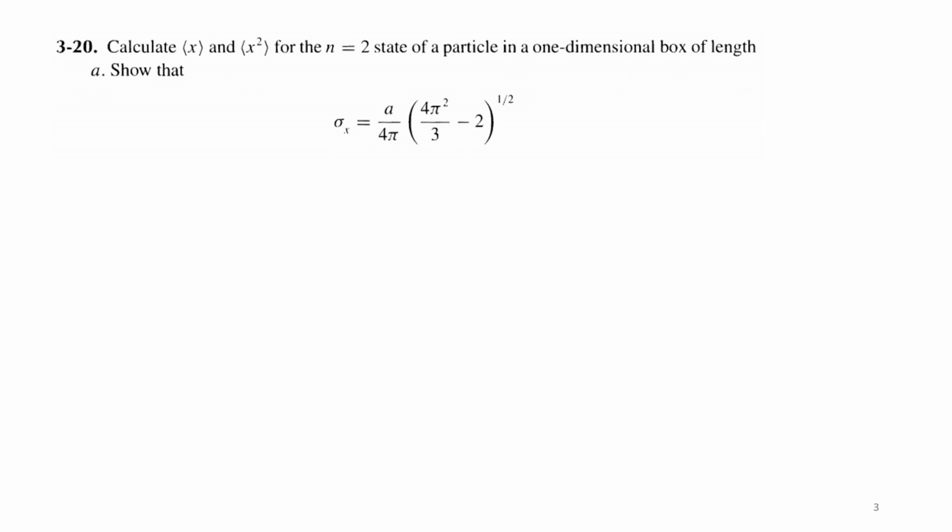We need to show that the uncertainty, or the standard deviation in x, the position, is given by this particular expression. We know that the uncertainty in x, or the standard deviation, will be the square root of the variance, which is sigma x whole square.